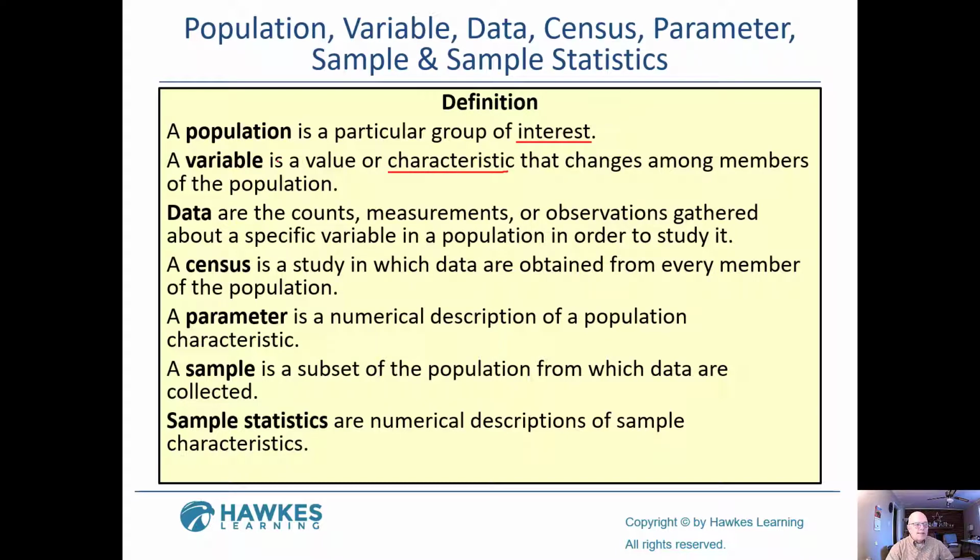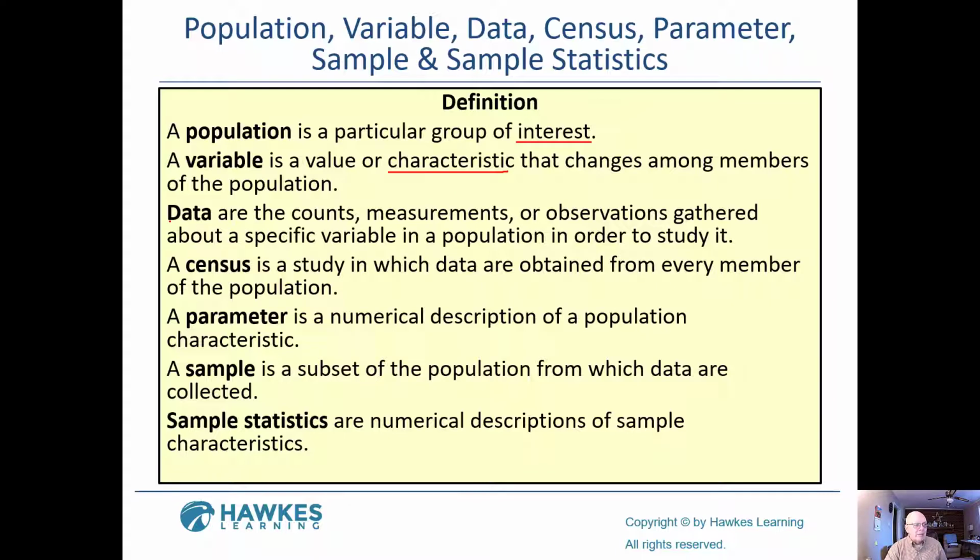So if you're interested in people's heights, it would be like 5'8", 7'2", whatever. Those measurements would be the characteristics. And the numbers or values or whatever that you're collecting are different from one person or one item to another. That's why it's called a variable. But each one of those values of the variable has the characteristic that you're looking for.